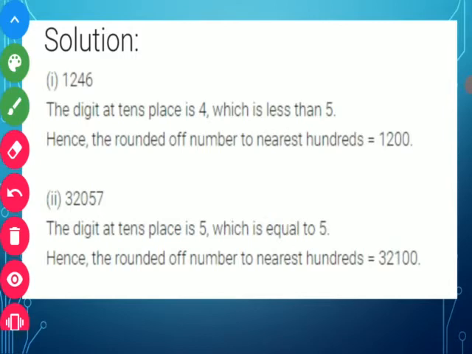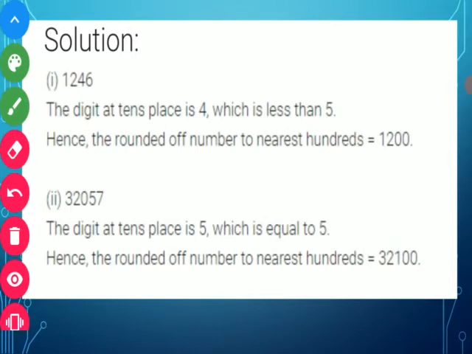And if it is less than 5, then no carry will be given, and the tens place and the ones place will be converted into 0. So the number 1246, when you round it off to the nearest 100, will become 1200.